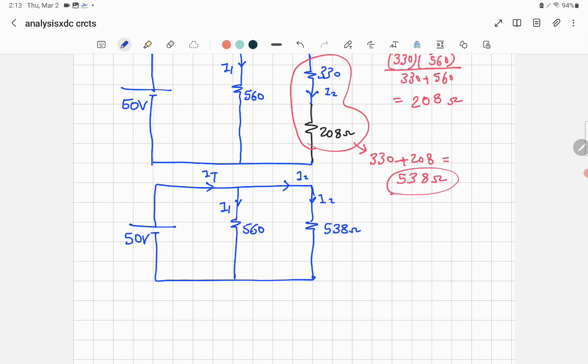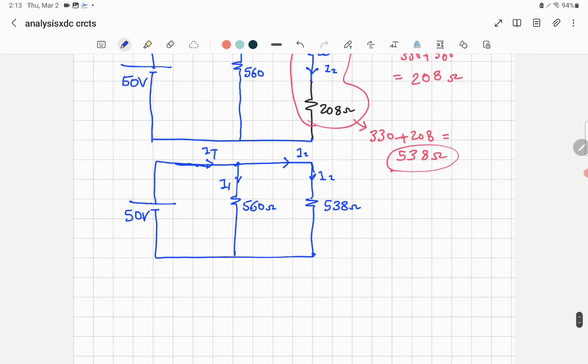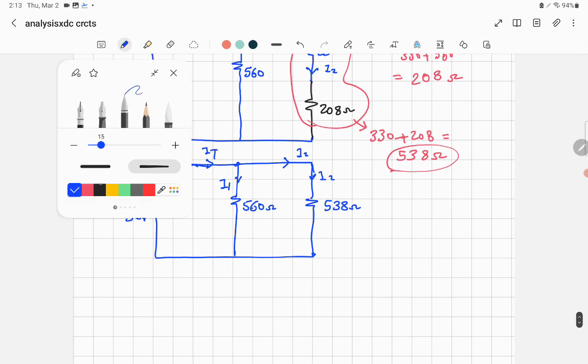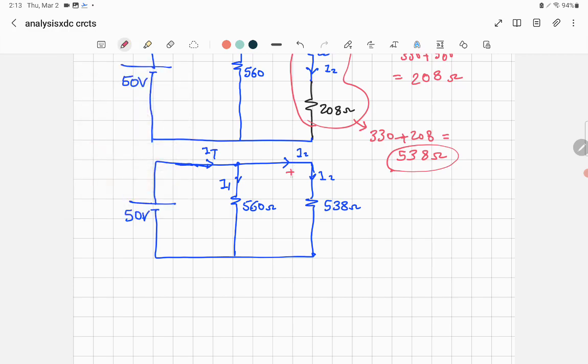You know the voltage across, it's equal to 50 volt. Because you don't have any resistance between this node and this voltage supply, it means there is no voltage drop. So the 50 volt is across 560 ohm, and also it's across 538 ohm. So now I can find I2, and just let us make it clear, because the voltage across here is equal to 50 volt, and also across here it's equal to 50 volt.